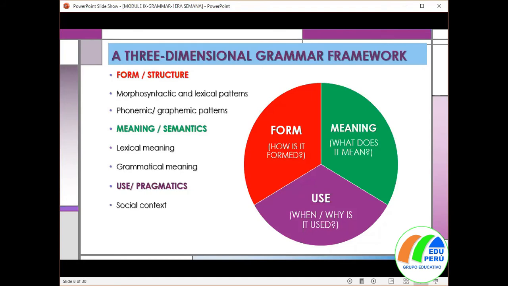Use of pragmatics. As you can see here on the pie, the purple part. So when and why is this structure used? When is this structure used, and why is it used here? So we are talking about the social context. Notice, in the use of pragmatics, we are talking about the social context.